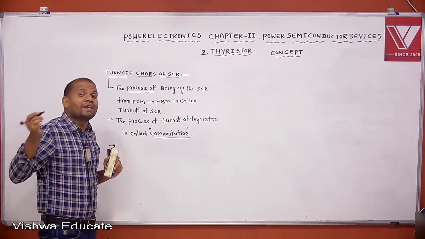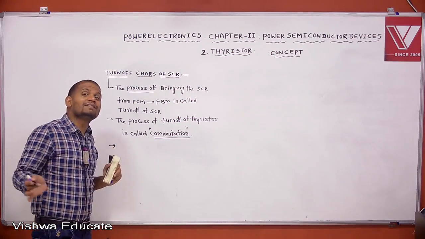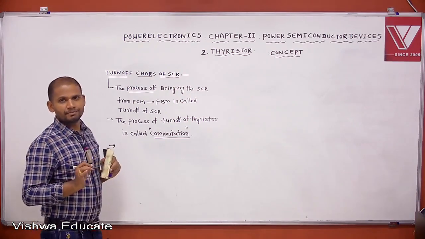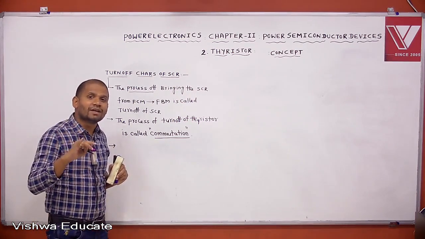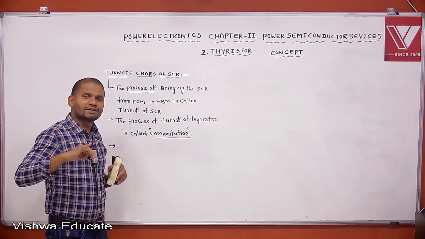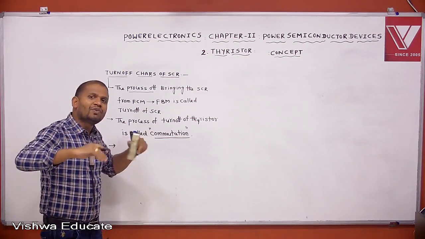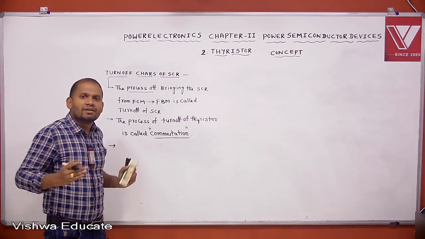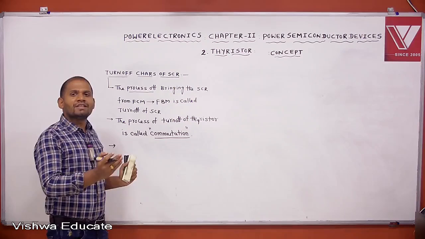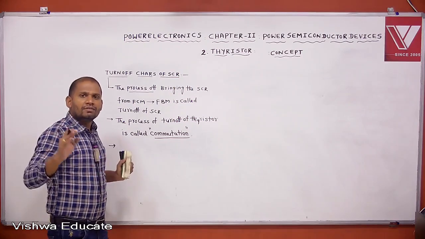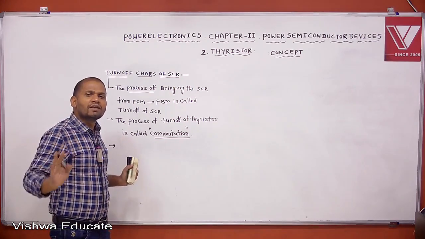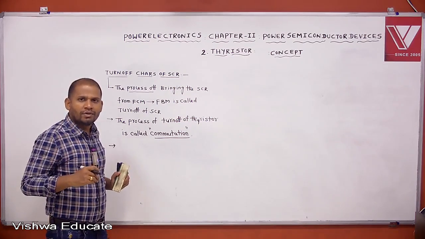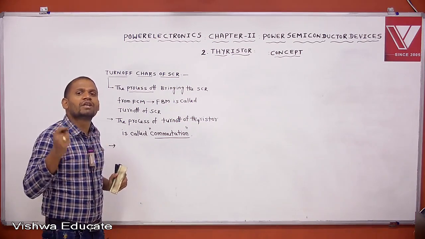Then another point to remember. Turn on of thyristor at undesirable instance means after commutating the thyristor, after turning off the thyristor, without a gate signal also, suddenly at an undesirable instance, if the thyristor is turned on, then it is called commutation failure.